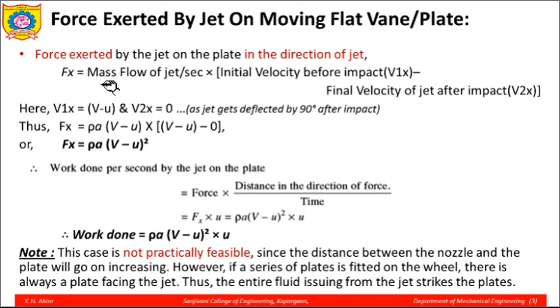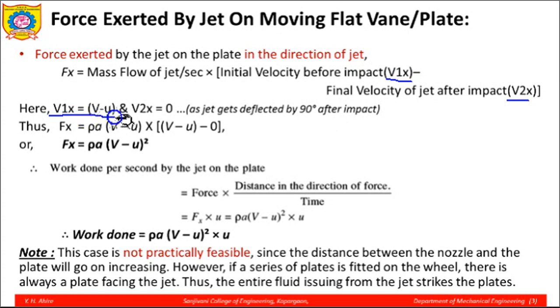So Fx is equal to, this is our impulse momentum equation, mass flow of jet per unit time into initial velocity before impact V1x minus final velocity of jet after impact V2x, where V1x is the initial velocity of the jet before impact.